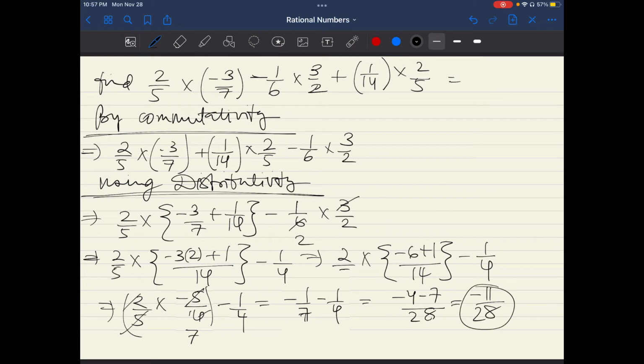Therefore, the solution to this problem is minus 11 over 28.